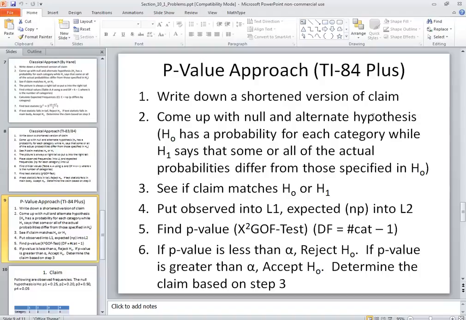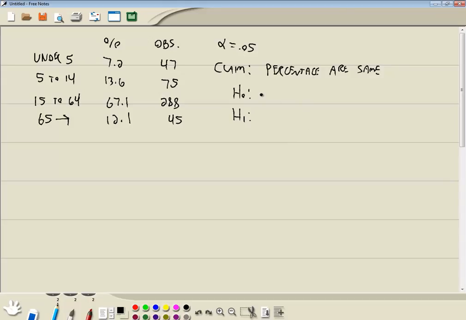Come up with a null and alternate hypothesis. And this says H0 has the probability for each category, while H1 says some or all are different. So what H0 will say is P sub 1 is equal to 0.072. P sub 2 is equal to 0.136. P sub 3 is equal to 0.671.